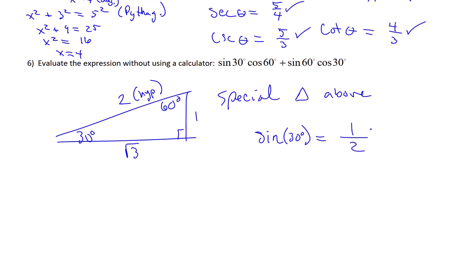So sine of 30 is 1/2. That's just using the SOH trig ratio. Sine is opposite over hypotenuse, but I'm anchoring it with the 30-degree angle wherever that's labeled. So opposite of it is 1, and hypotenuse, of course, is 2. We're using those labels we've developed above to get that value for sine of 30 degrees.